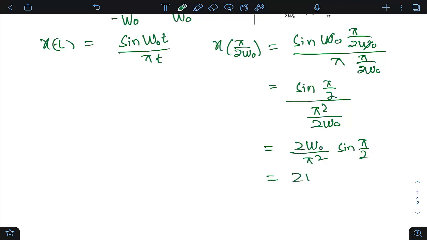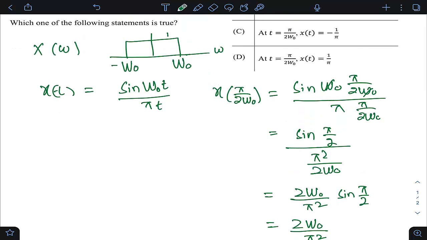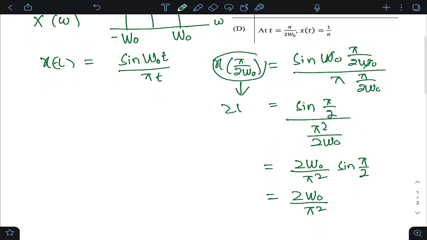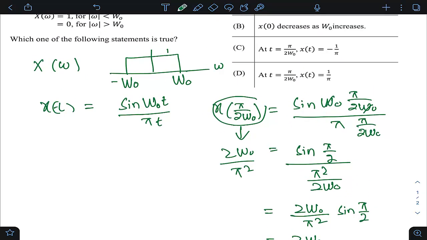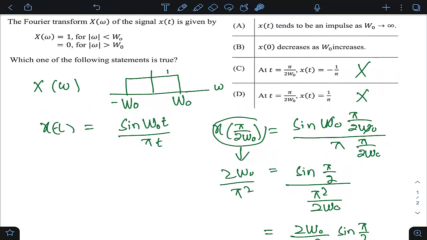So this is 2 w naught by pi square. That means at t equals pi by 2 w naught, the value we are getting is 2 w naught by pi square. So option C is false, and option D is also false, because we expect 2 w naught by pi square, but here it is minus 1 by pi and plus 1 by pi. So of course C and D are not the right answer.